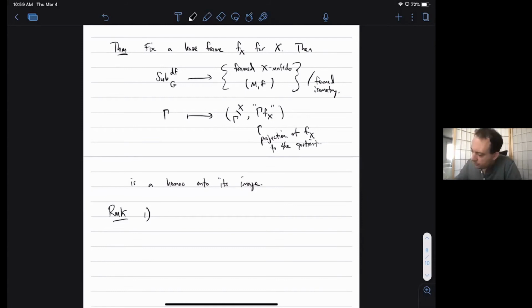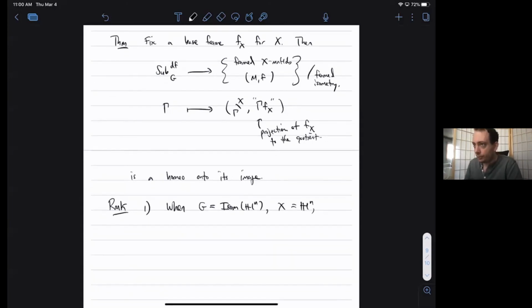Well, a lot of times when you're thinking of things in terms of framed convergence, hyperbolic space is a natural world to play in, and when G is the isometry group of Hn, so X is Hn, this map is surjective. So it's actually a homeomorphism, not just a homeomorphism onto its image.